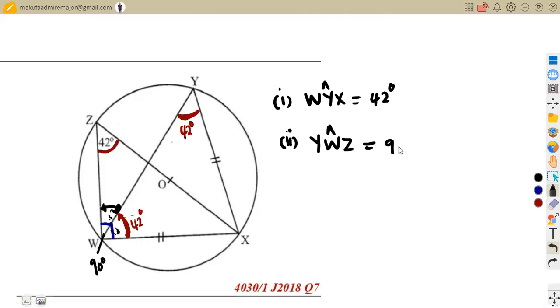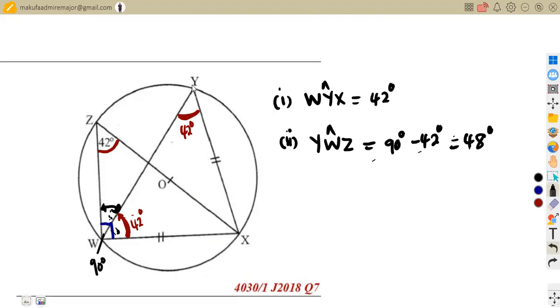So we are simply going to subtract the 42 degrees from 90, because these two angles must give us 90 degrees. That is going to be our angle YWZ. You are supposed to be very careful on your attempt in this case. So that is going to give us 48 degrees.